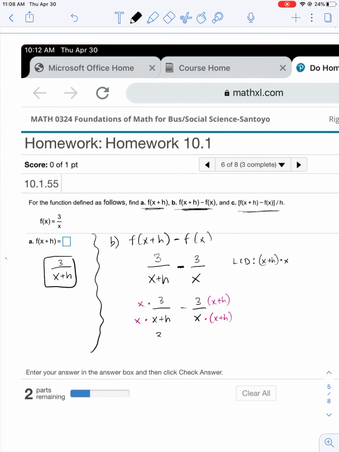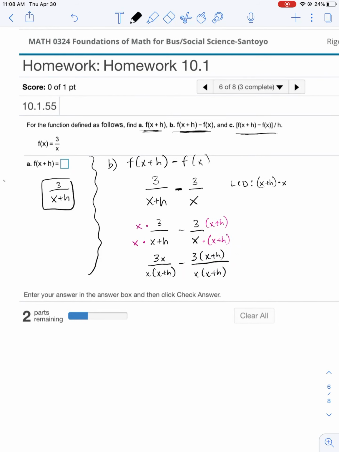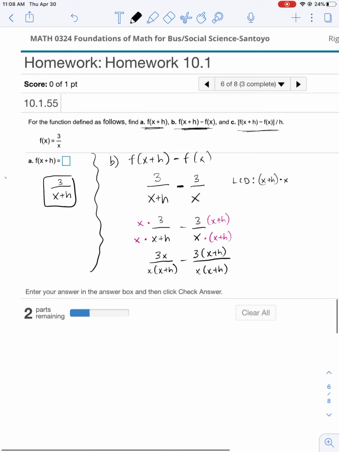Now we're left with 3x on the top, on the bottom x times x plus h, minus on the top 3, open parentheses, x plus h, close parentheses, on the bottom x times x plus h. And since our denominators are the same, we're just going to show one fraction now. We're going to put everything together. Rewrite our denominator just one time.